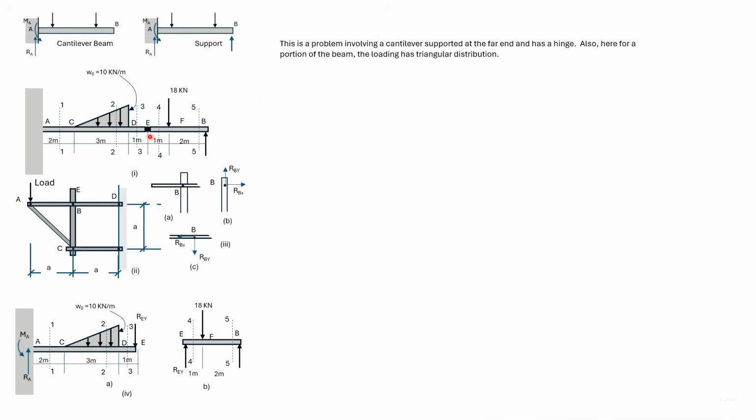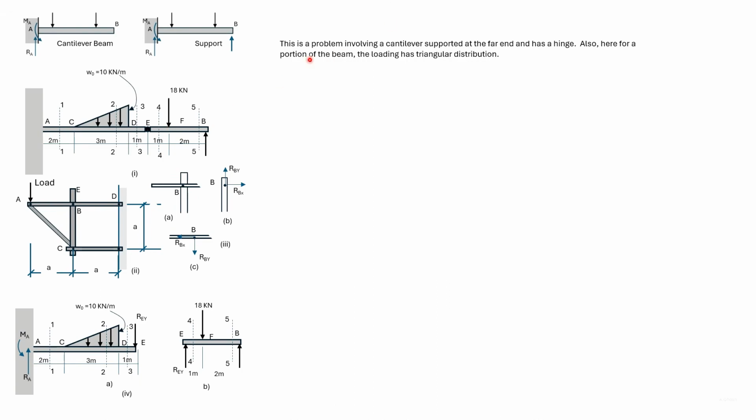So the hinge at E will be in equilibrium due to a force from EB and also a force from AE. These forces will be vertical forces and equal and opposite to each other. The hinge E in turn will exert opposite forces on EB and AE.